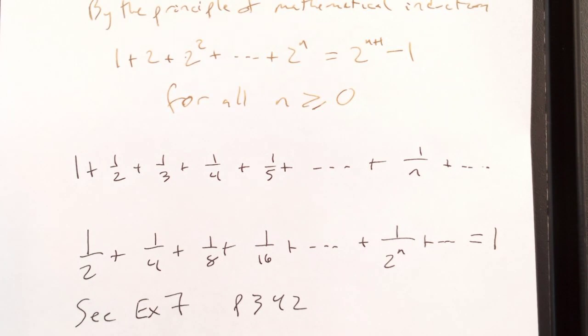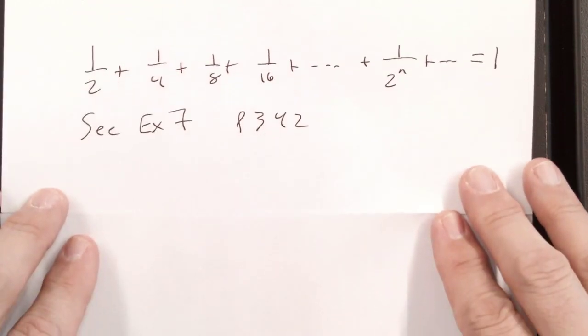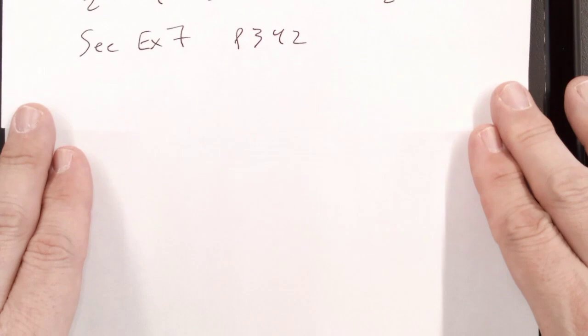But sometimes the induction idea isn't quite enough to do what we want. And it comes from our induction hypothesis. We only know about the one right before.